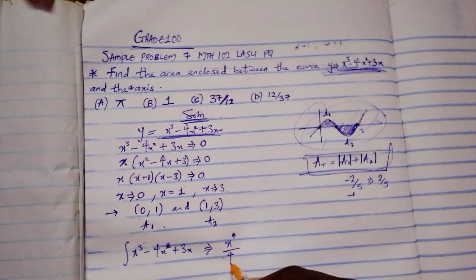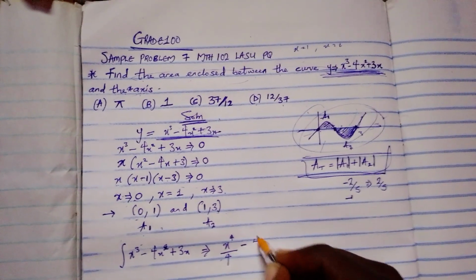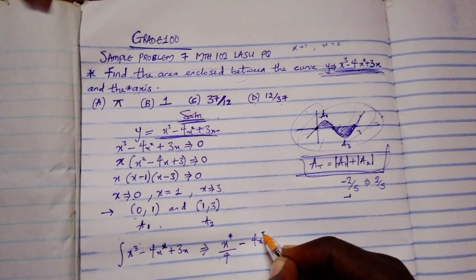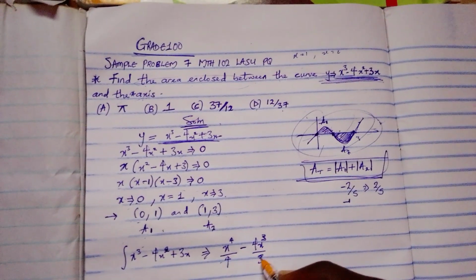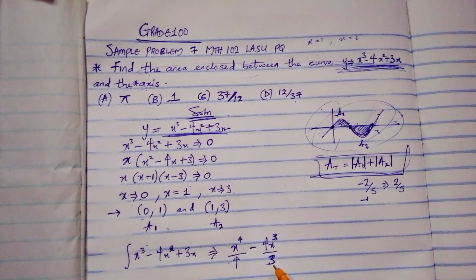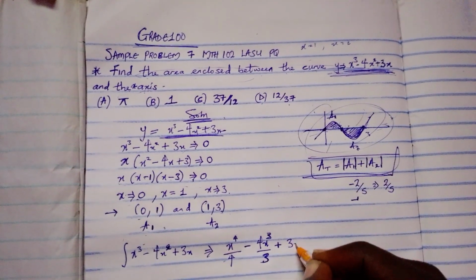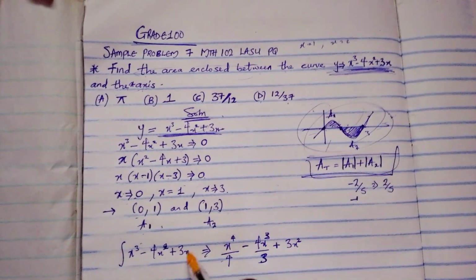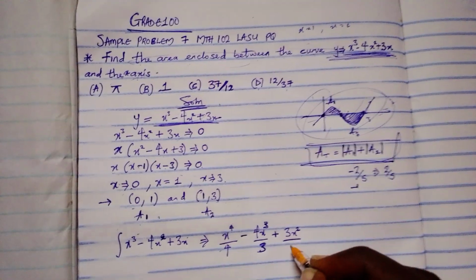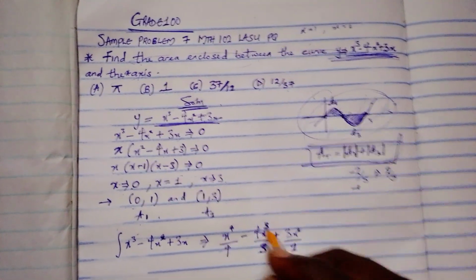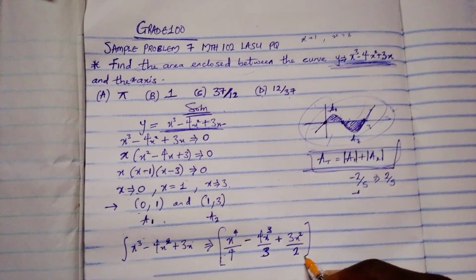So divide by 4, minus, for 4x cubed, add 1 to the power, then divide by 3. Next, plus 3x squared: it's already power 1, so you add 1 and divide by the 2, which is the new power. So this is the integral.